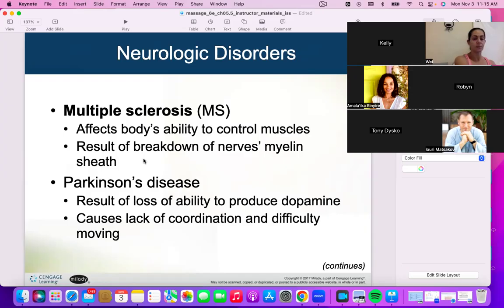All right, so we talked about dopamine. Symptoms could be tremors, shaking, especially in the hands. There's muscle stiffness, movement slows down and becomes more deliberate.